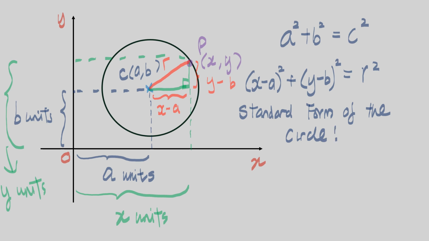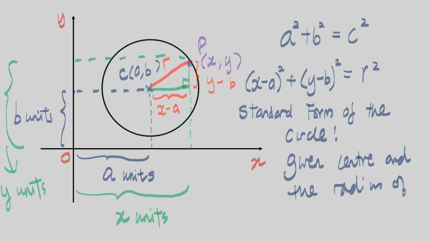We use this standard form when you know the center of the circle, that means you're given the center and the radius of the circle. Then you use the standard form.